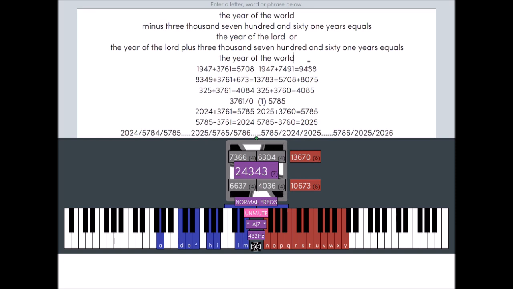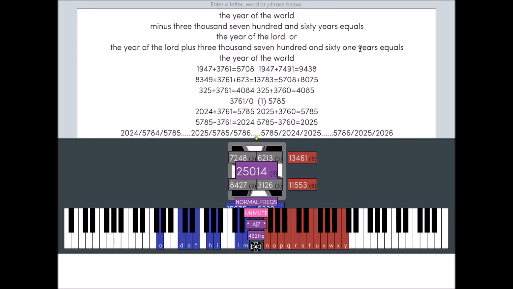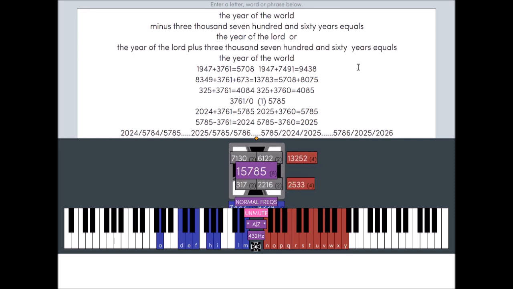The year of the Lord switches, and it switches to a 3760 association to the year of the Lord. And that's exactly what it shows. And again, here, when that lesson is being firmly taught by the Word to me and through me to others, right on time, 5785.